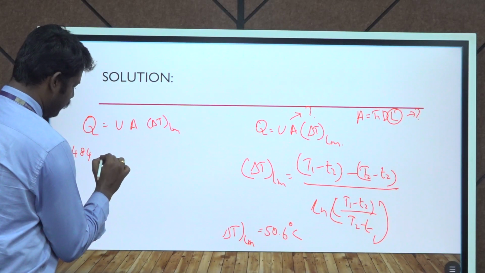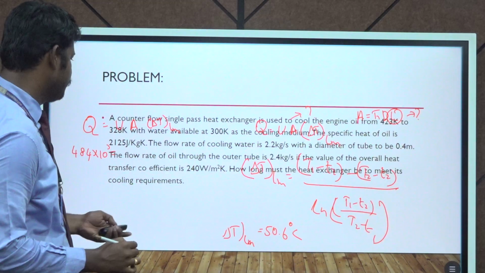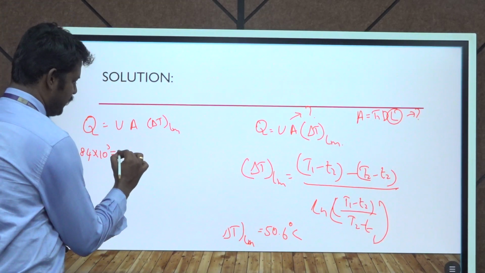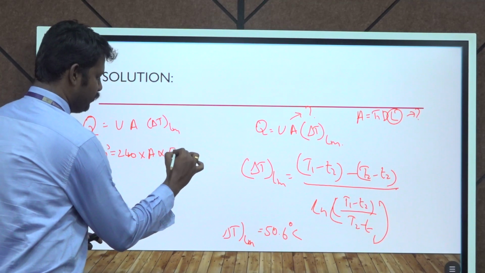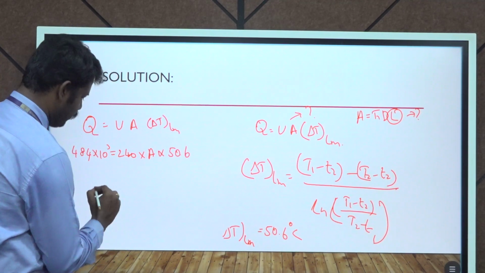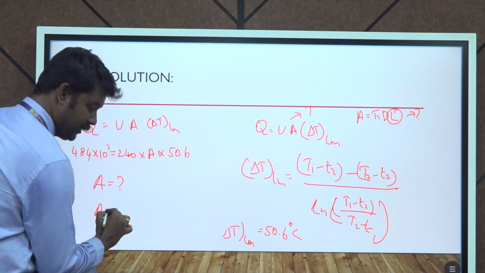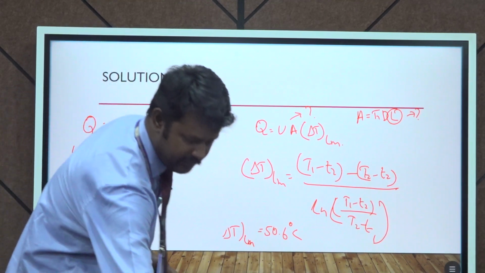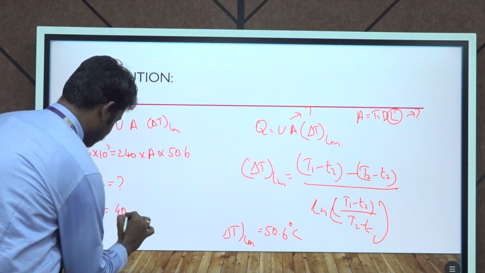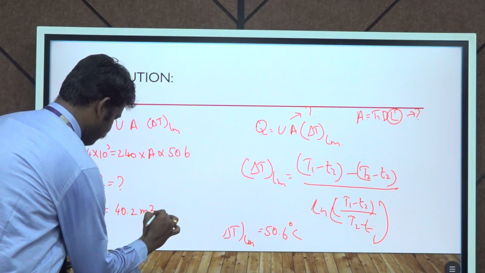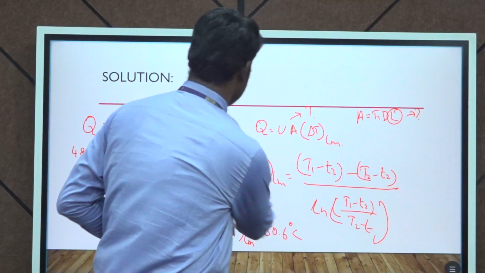So, 484 into 10 to the power 3, the U value is 240 watt per meter square Kelvin into area into 50.6. So, we can find out the area. When we solve this, the area will be 40.2 meter square.